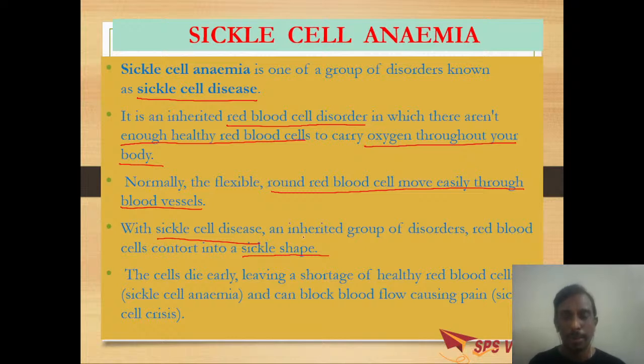So shortage of red blood cells leads to sickle cell anemia, and blocked blood flow causes sickle cell crisis. Due to the block of blood flow, it causes pain. It is called sickle cell crisis.